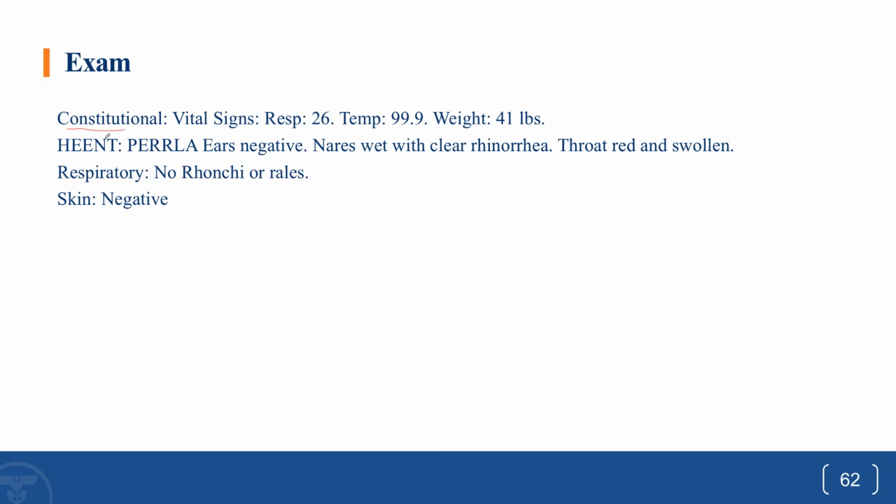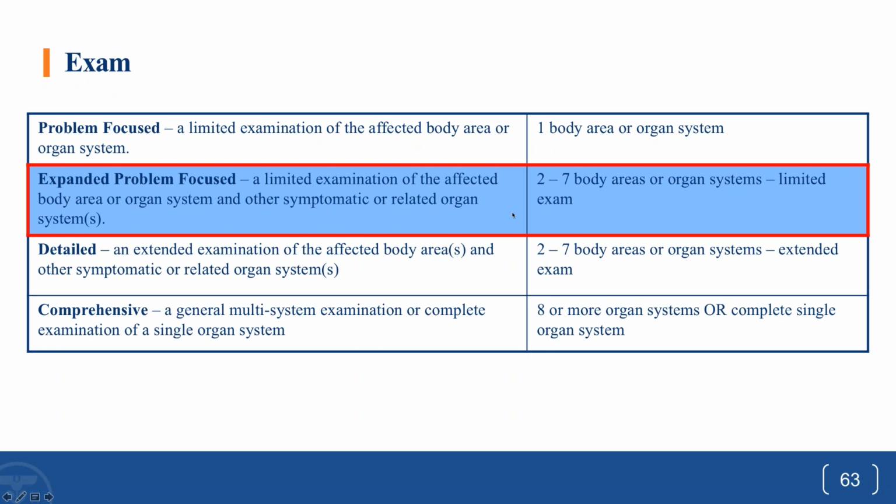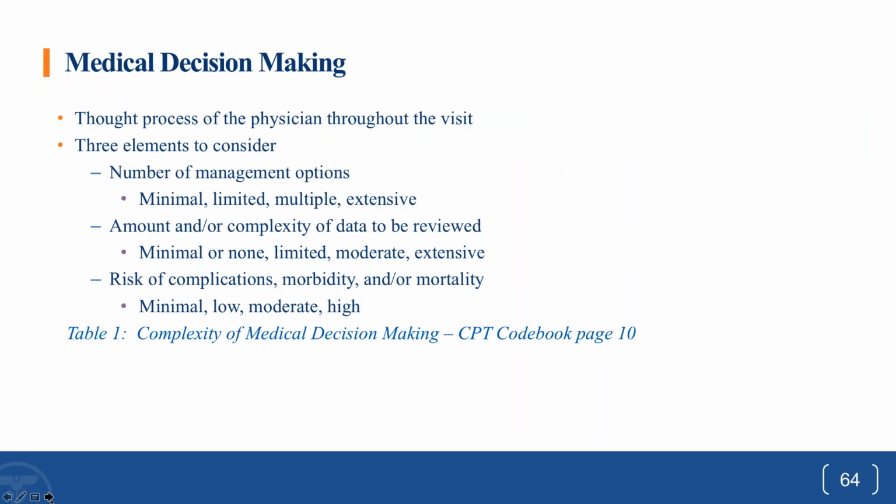Because you have 1, 4, and that still falls between your 2 to 7. All right. So your exam is expanded problem focused. Okay. Last step, make sure you wrote expanded problem focus down.